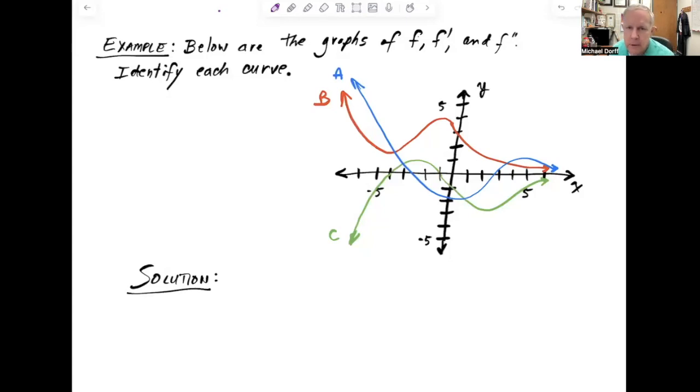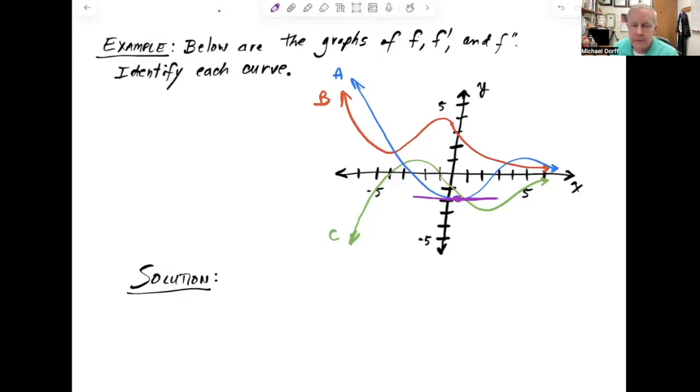So let's start with letter A. Letter A is the blue graph. As I look at it, where does it have a valley and a hill? There is a valley right at this point in purple. At that point, the tangent line is going to be horizontal or flat.